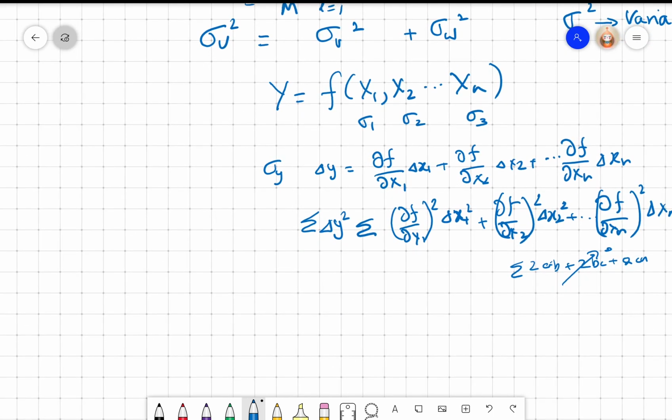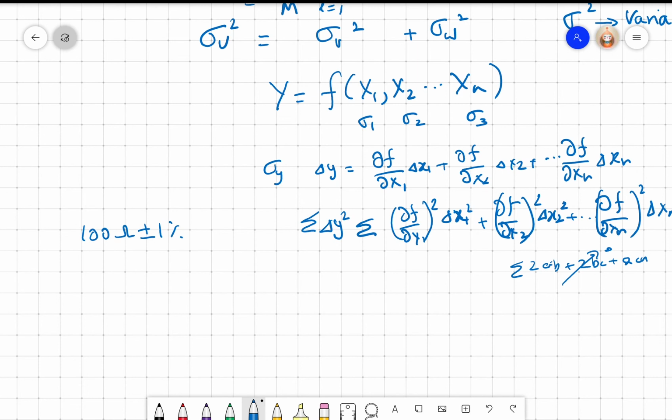Many times the standard deviation is expressed as a percentage. We already saw that when I say 100 ohms tolerance is plus or minus 1%, what does it mean? I have a 100 ohm resistance whose standard deviation is 1%, right?